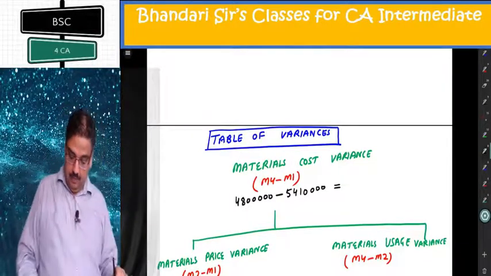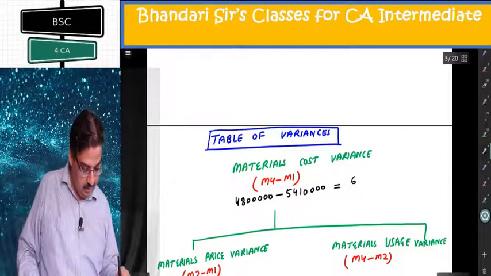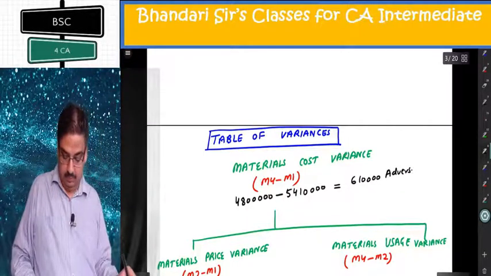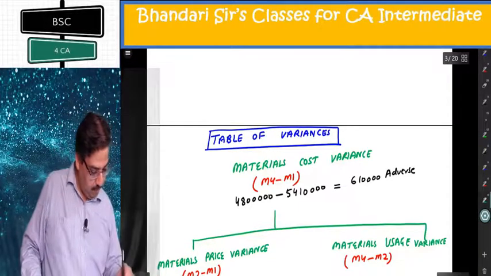This is material cost variance, 6 lakh 10,000 adverse. This is part 2 answer.